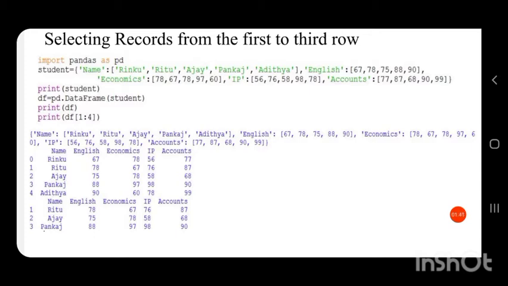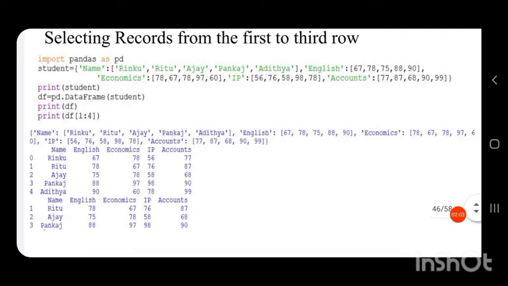Its corresponding values are given in a list. Then comma, next column name economics, colon. Economics is a key of the dictionary, which will be the column name of the data frame. Then colon, and all the values in that column are given in a list.